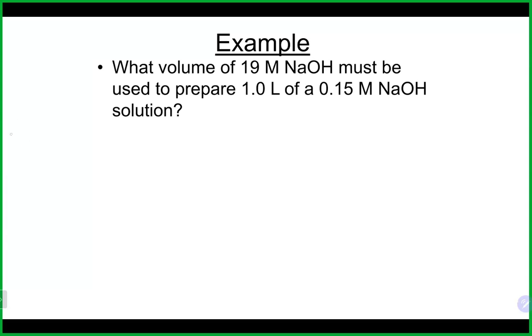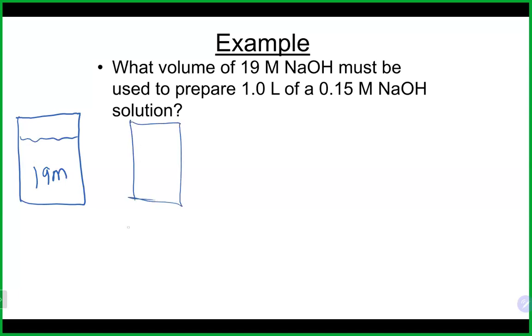Basically we have a bottle here, professionally drawn as a box, that is 19 molar sodium hydroxide. We want to make another solution over here that has a volume of 1 liter, or 1,000 milliliters, and has a molarity of 0.15 molar.